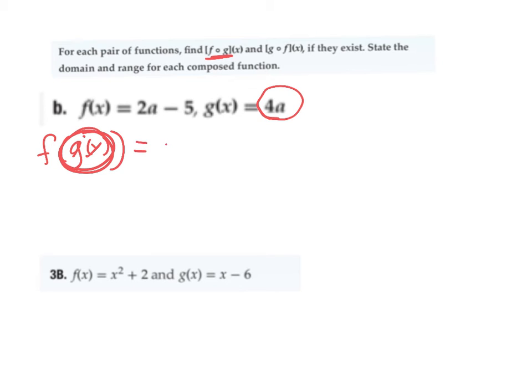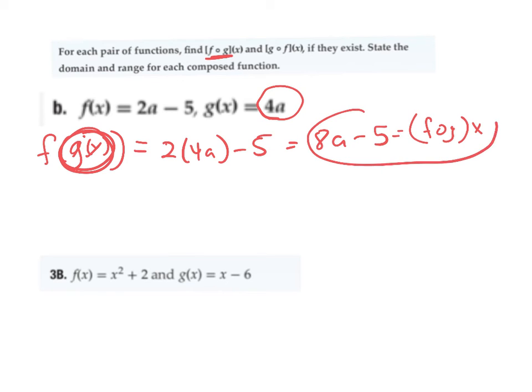So where I see an A, I'm going to substitute the 4A minus 5. If I do the math, I'm going to get 8A minus 5. So that is my F∘G function.